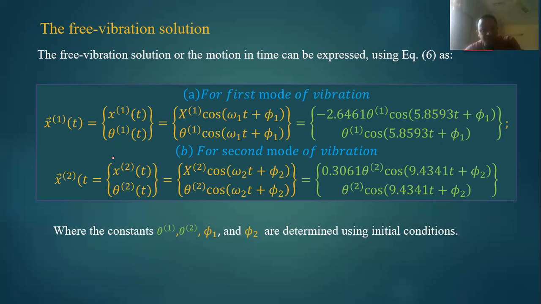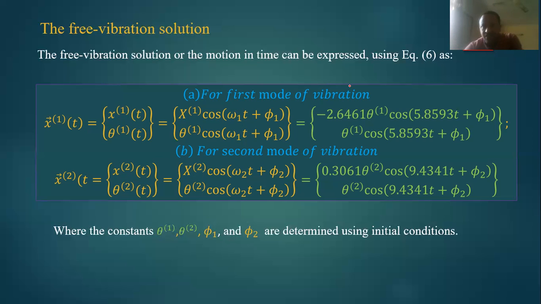So this is the equation of motion in the first mode and in the second mode. By superimposing the equations, x1 of t with x2 of t, theta 1 of t with theta 2 of t, we have to superimpose them.